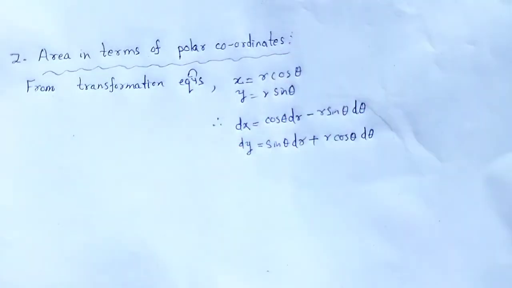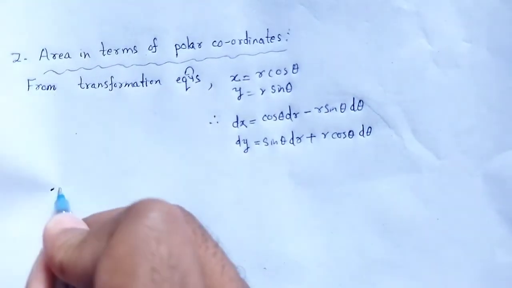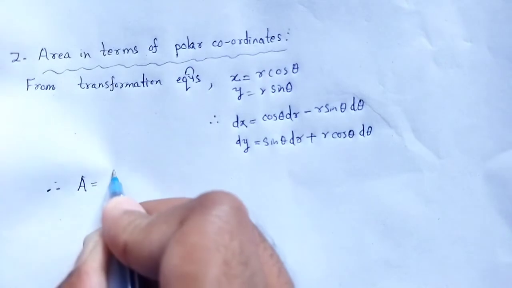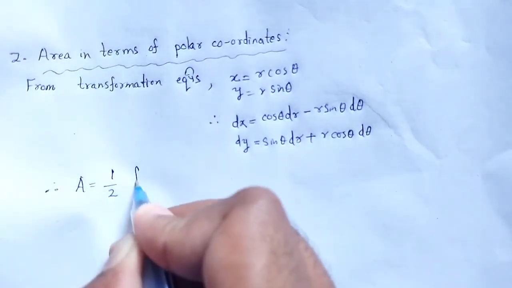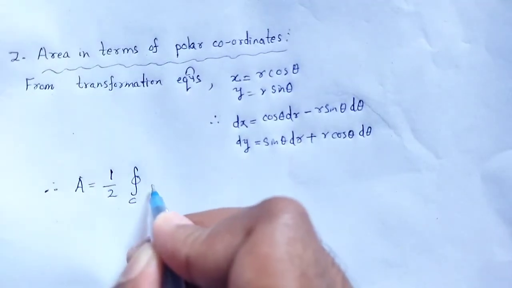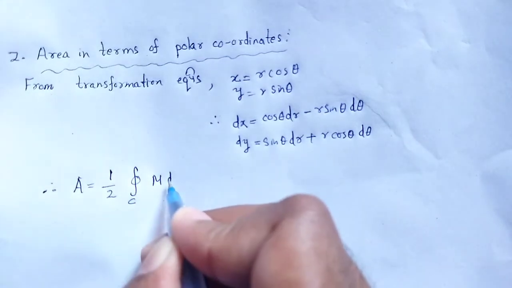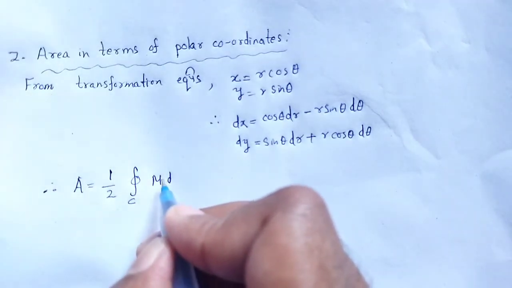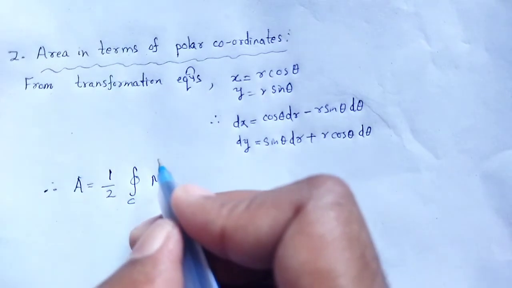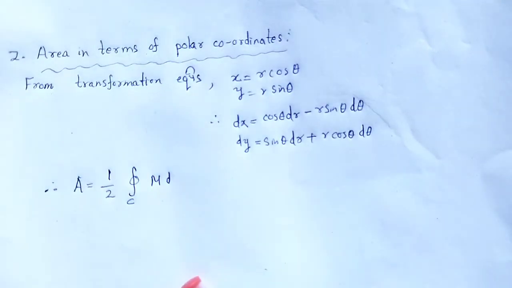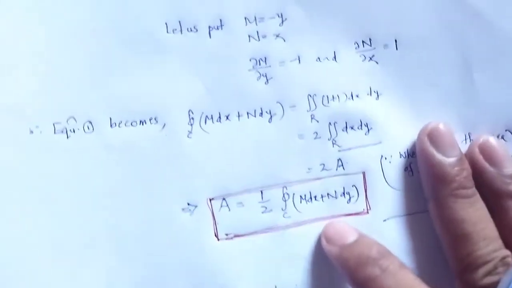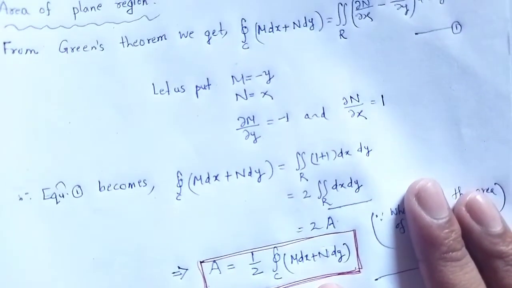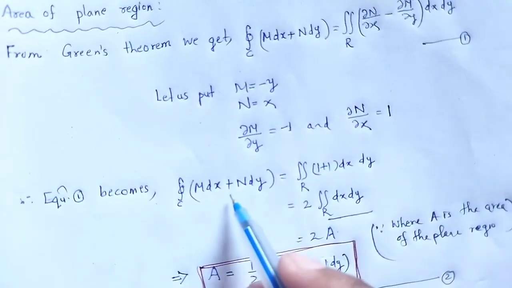Now putting this with the result of the previous, that is the area of the region, we find A is equal to half integration over C of m dx plus n dy. Look here, that is not m dx n dy.